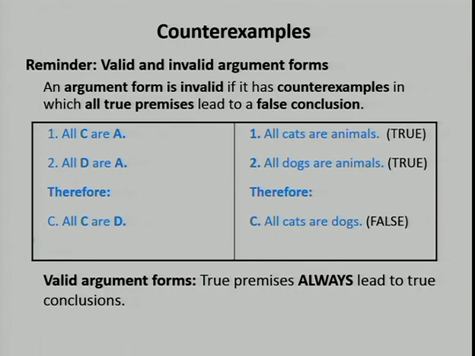Both premises have to be actually true. Why? Because if this were a valid form, then it could never be the case that true premises lead to a false conclusion. If this form were valid, then all instances of this form would be such that true premises would lead to a true conclusion.